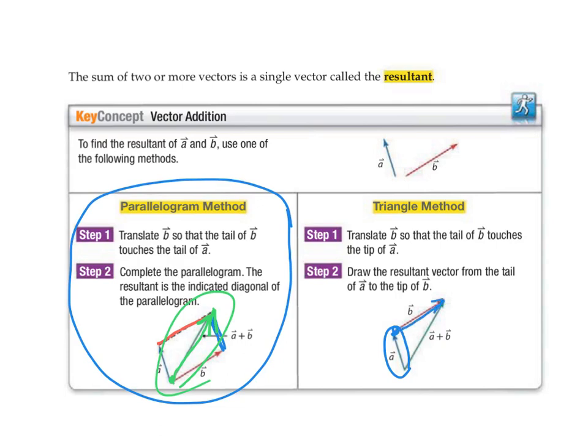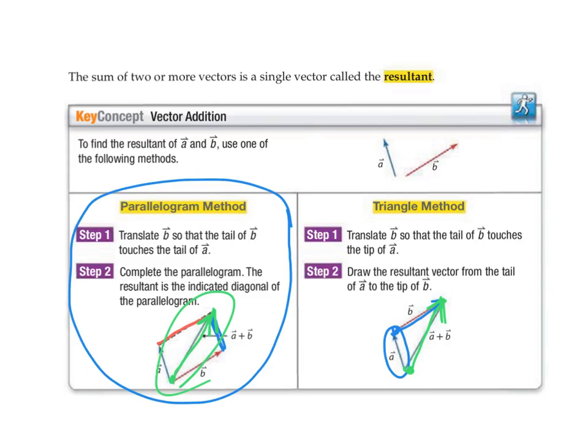After they drew those two vectors touching in that way, then they created the resultant vector by connecting the initial point of A to the final point of B, and the vector that they drew there, that was the resultant vector.